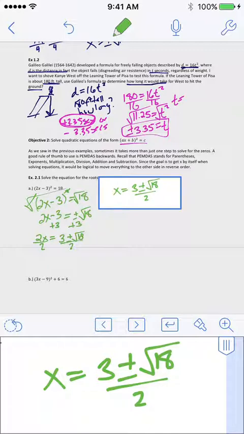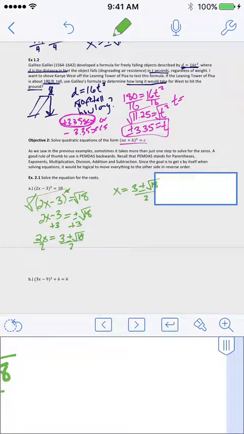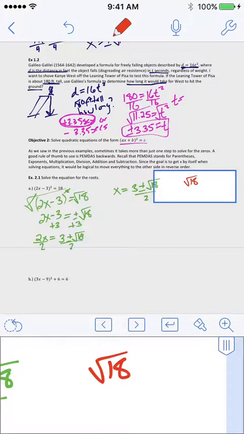Alrighty. Now I'm going to simplify that 18 just to make sure nothing cancels. Remember near the end of our last chapter, we talked about simplifying these things and getting rid of some common factors. We're going to do that here as well. If you have no idea what I'm talking about, go back and check out 8.5, 8.6, 8.7, somewhere in there.